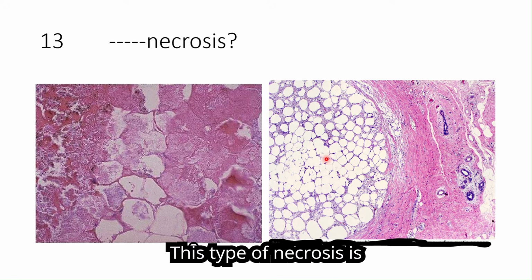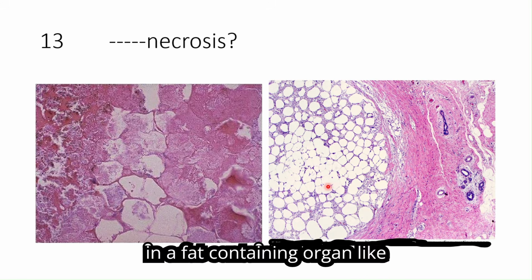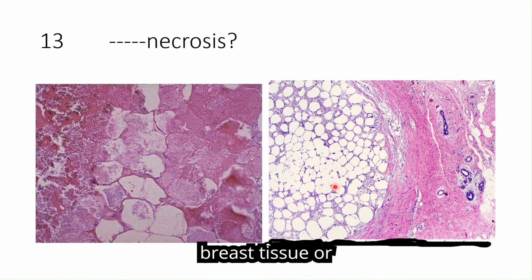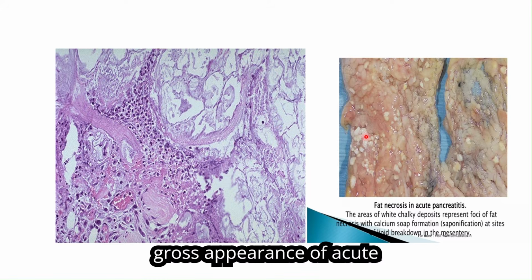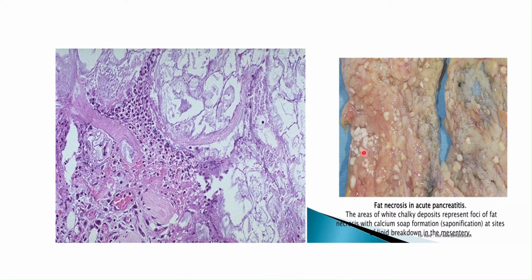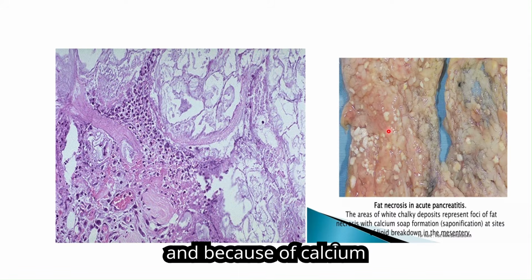This type of necrosis is in a fat containing organ like breast tissue or pancreas. So this is an example of fat necrosis. In this, the gross appearance of acute pancreatitis shows white chalky deposits, and because of calcium soap formation, it is called saponification.